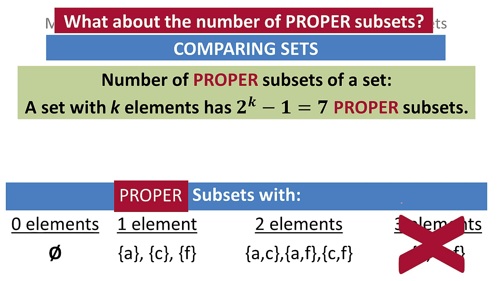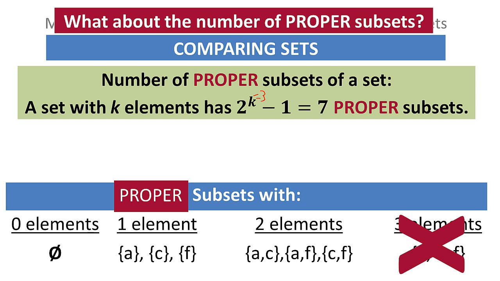So it'd be 2 to the power of k minus 1, which would be only 7 for a set with 3 elements. So if k is equal to 3, for the problem we're looking at, there would be only 7. In general, it's 2 to the power of k, and then take 1 away. It's just 1 less than the number of subsets.